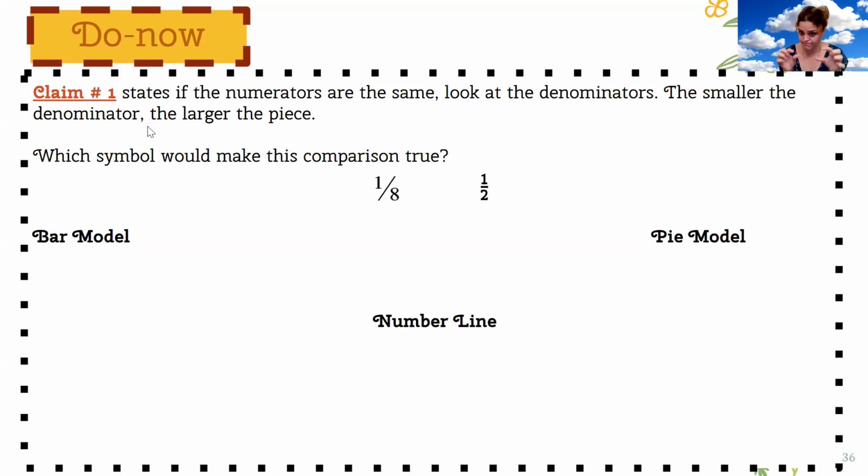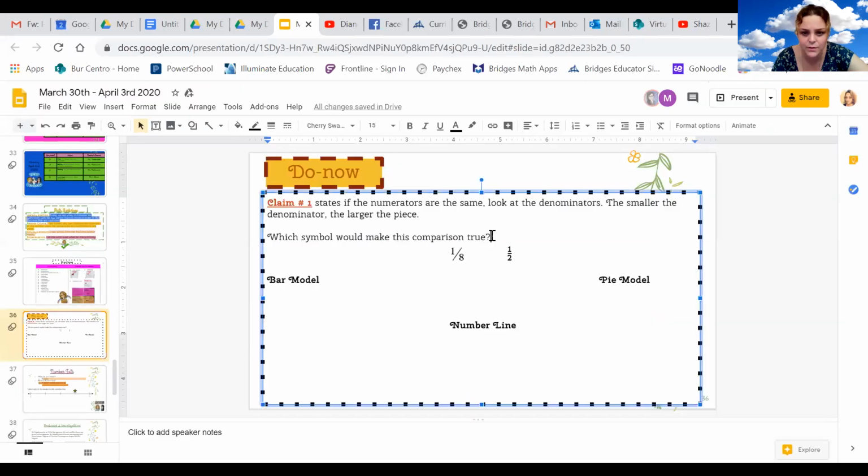1/8, 1/2. And I just noticed that I forgot to write the symbol, so let me do that really quickly. Which symbol would make this comparison true? Greater than, less than, or equal to.